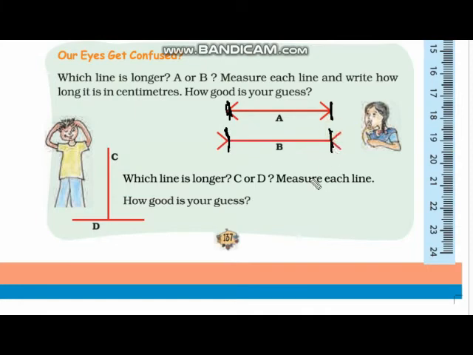So I think line B is longer than A, but I am not correct, because by measuring with the ruler we get the measurement of line A is equal to 4.6 centimeter and the measurement of line B is equal to 4.6 centimeter. That means both lines are equal.